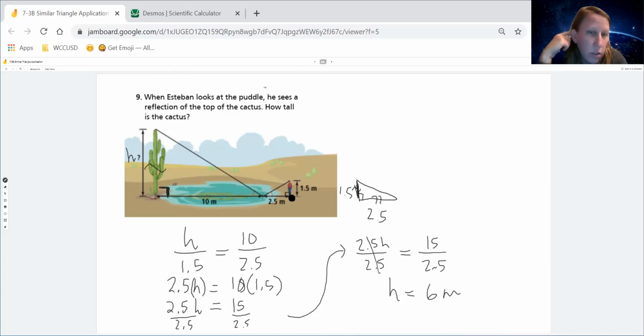So the other way, if you're not sure, you can check it by doing 6 divided by 10 and see if that's the same as 1.5 divided by 2.5. Okay, that actually looks okay to me. The cactus is 6 meters high. And I'm super glad I didn't have to climb that cactus to figure that out.